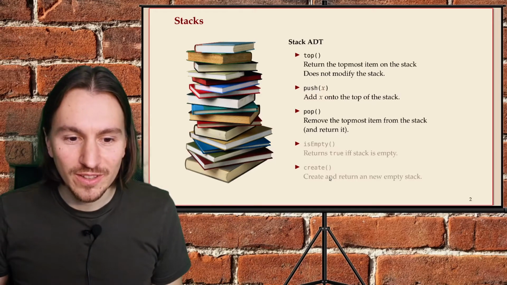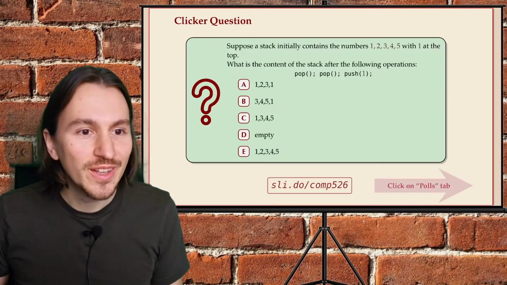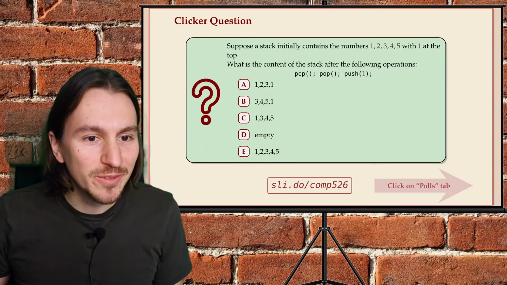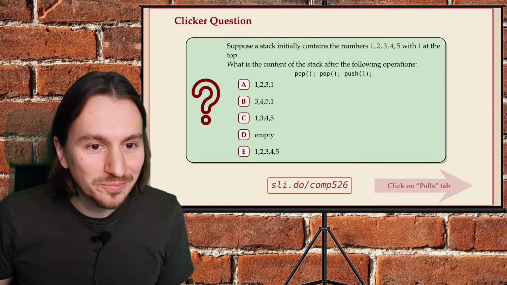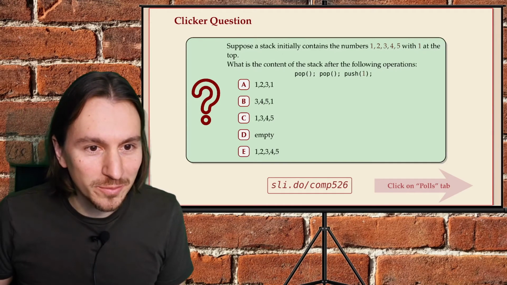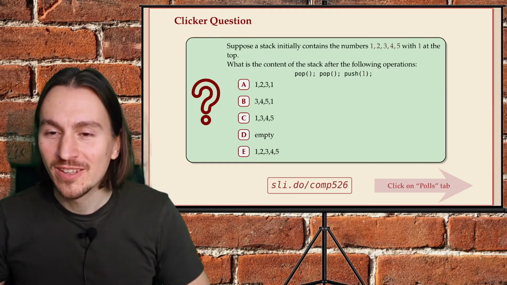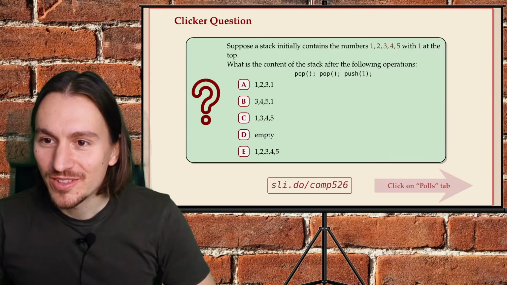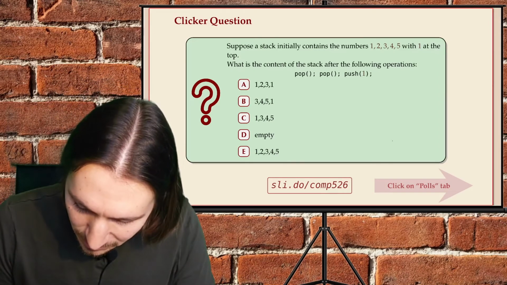I guess that's known to you, but just to be on the safe side, let me ask you this little question to see if you understand that part and to make sure you're awake. So you have a stack with numbers, and in the picture I drew, 1 is at the top.